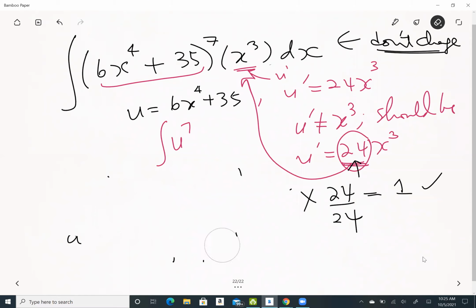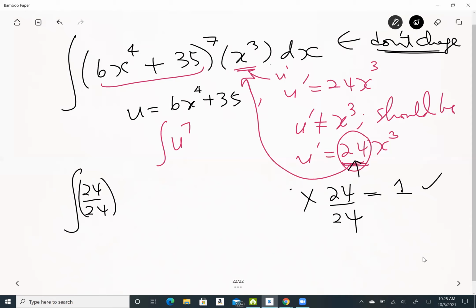So you multiply by 24 over 24, and put it there.